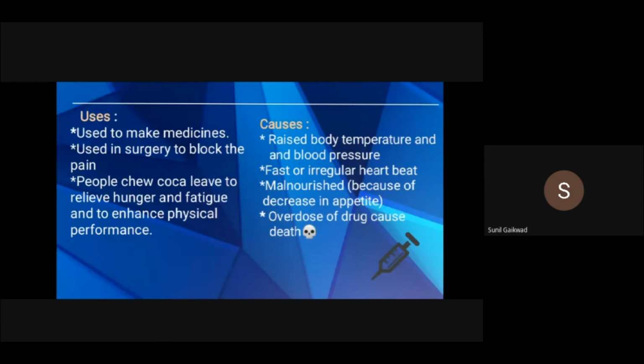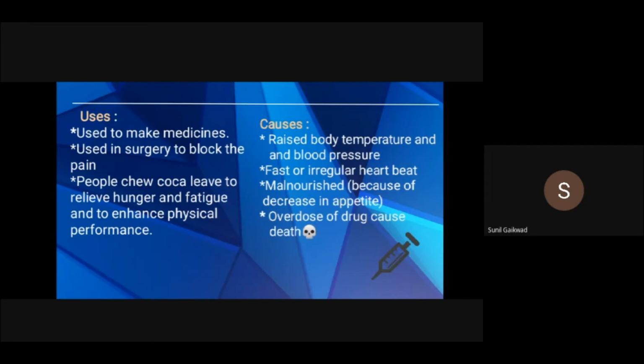The uses and the effects of cocaine. Cocaine is used in medicine, in surgery as an anesthetic to block pain, and people chew coca leaves to relieve hunger and fatigue and to enhance physical performance.